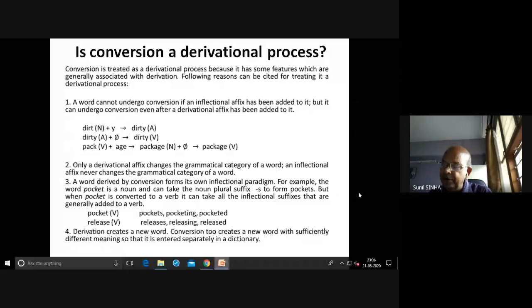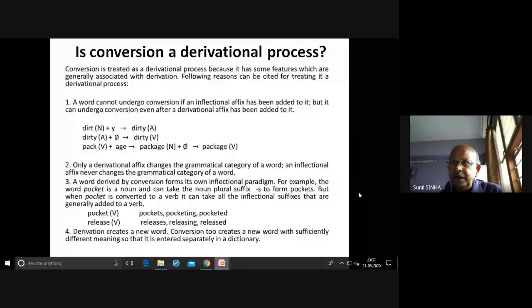For example, the word pocket is a noun and can take the noun plural suffix. But when pocket is converted to a verb, it can take all the inflectional suffixes that are generally added to a verb. So what does this prove? That pocket as a noun can be converted to pocket as a verb.